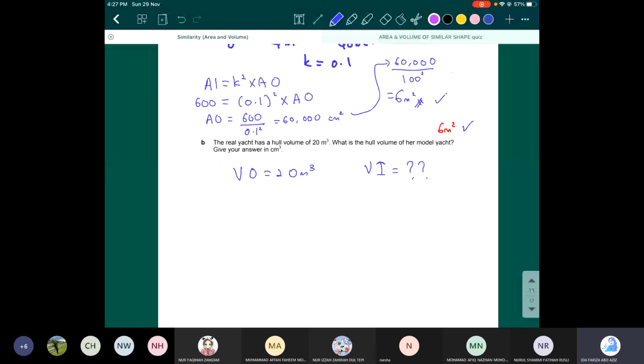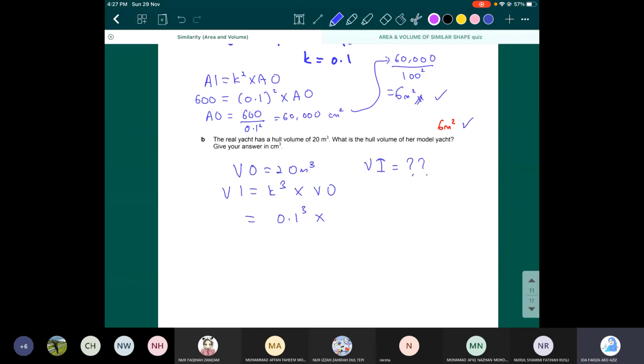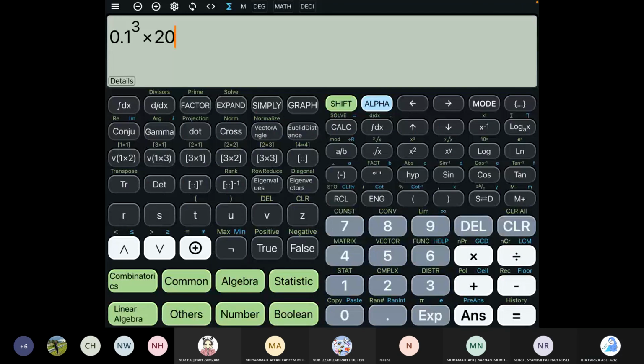So kali ni guna formula VI equals K cube times VO. So K kita 0.1 cube. Okay. K ambil je yang sama dengan soalan A tadi, VO kita 20. So 0.1 cube times 20. Dapat 0.02.